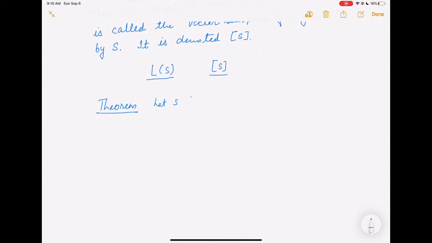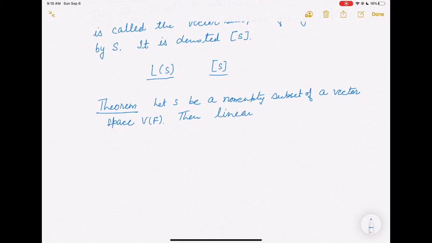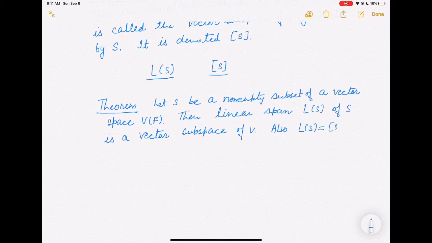Theorem: Let S be a non-empty subset of vector space V over F, then the linear span L(S) of S is a vector subspace of V. Also L(S) is equal to [S].